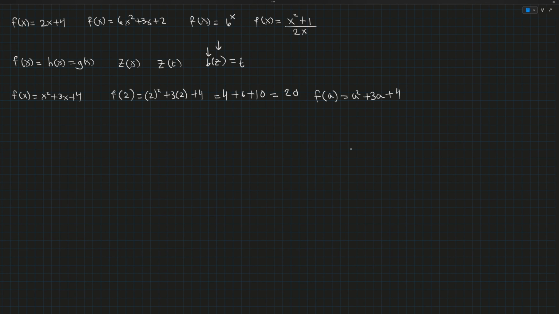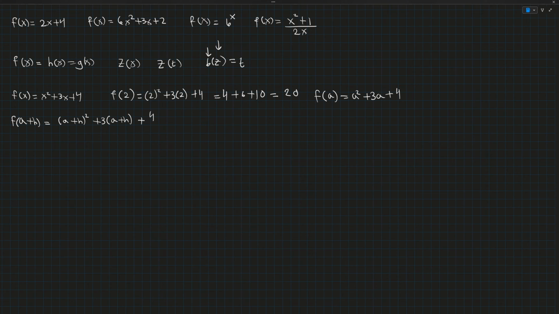How about if instead of plugging in a single number, we plug in something like a plus h? Well, all the x's get substituted by that. So a plus h squared plus 3 times a plus h, because we're substituting everything, plus 4.